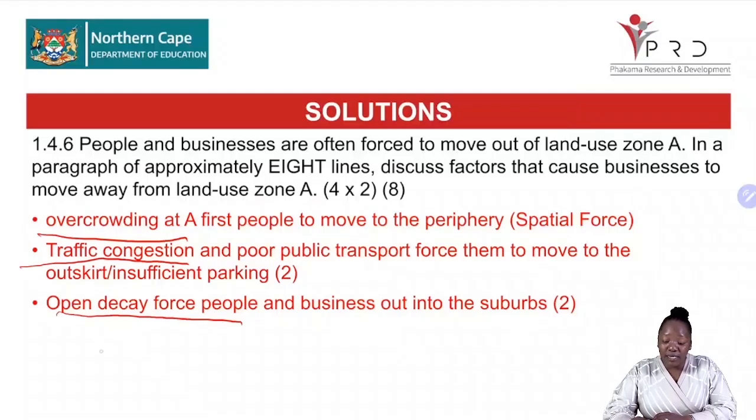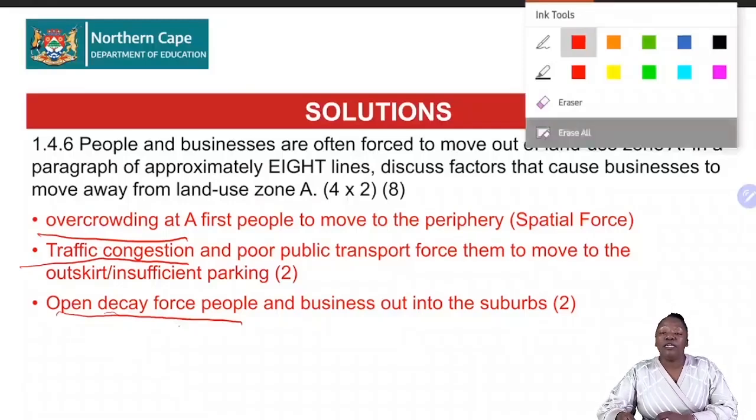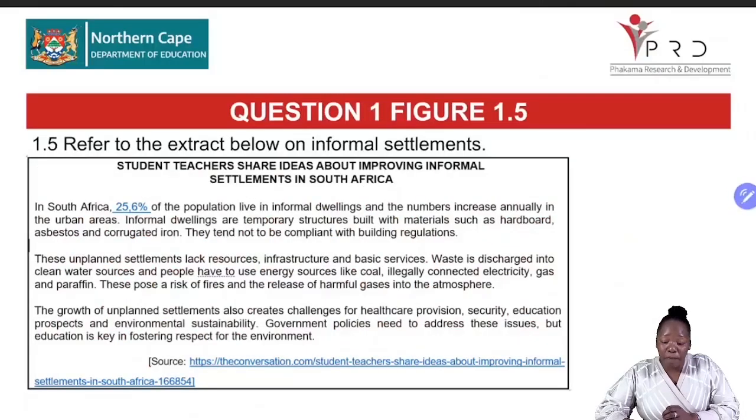You will remember that these decay buildings or these dilapidated buildings are also found in the CBD. So amongst other options that we can look at, we're looking at the high crime also is found in the CBD. Remember, there is overcrowding, so some are there just to commit crime.